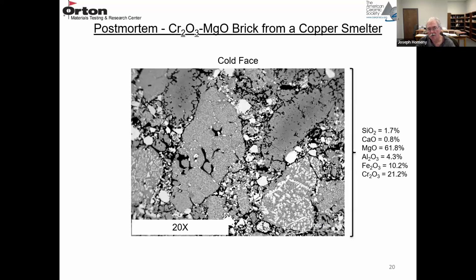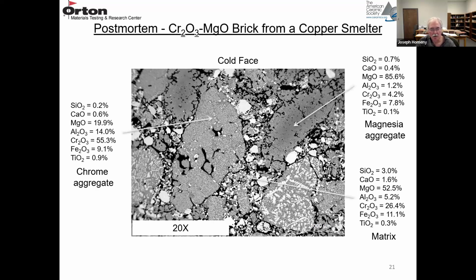And then in all of these chrome magnesite bricks, you're going to have some Fe2O3. It's about 10% here, some alumina, about 4%, and some silica, almost 2%. So these are pretty complex microstructures.